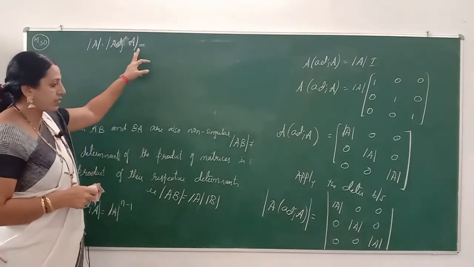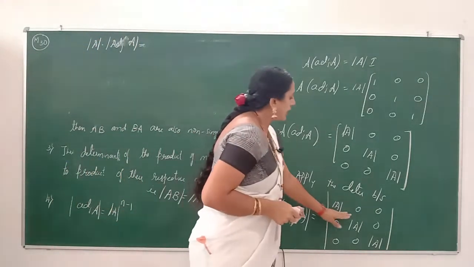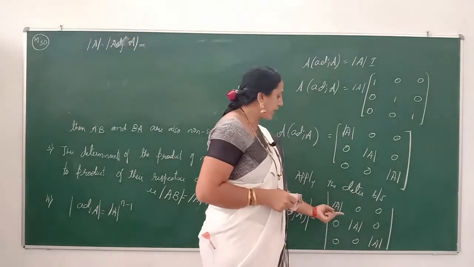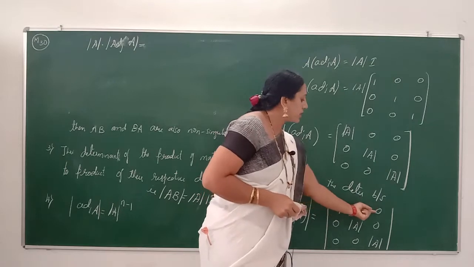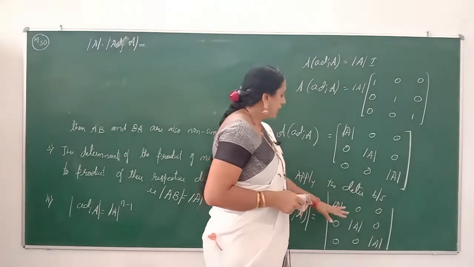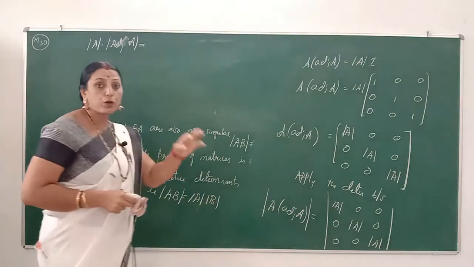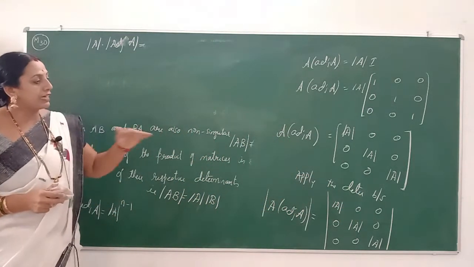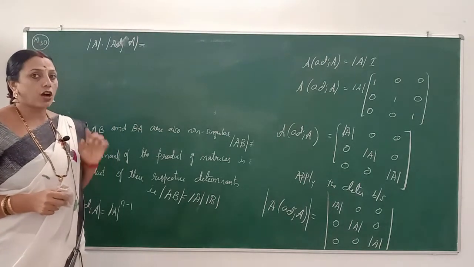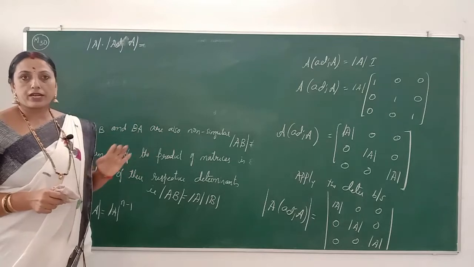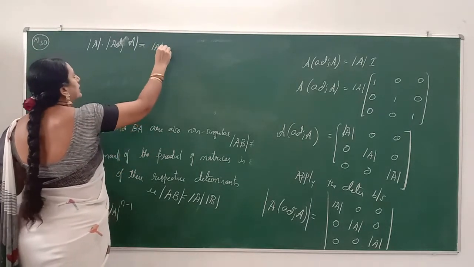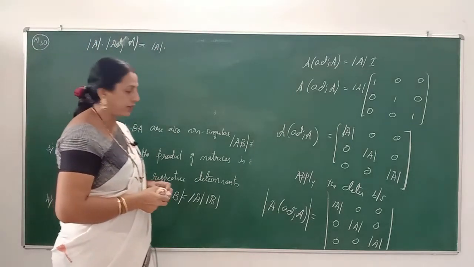Equal to, now in the RHS, what are the elements of the first row? It's a multiple of determinant of A, because in determinant of A 0 0, the two 0s are also multiples of it. Therefore, according to the fifth property of determinants, if all the elements of any row or column are multiples of some common number, it can be taken outside of the determinant. So in the first row, determinant of A is a common factor.